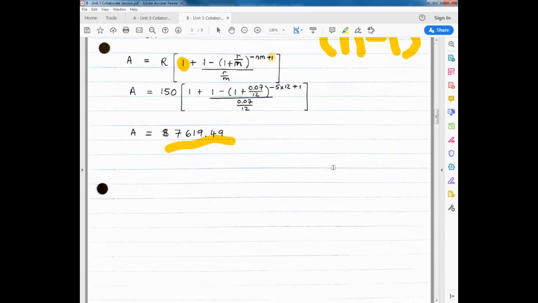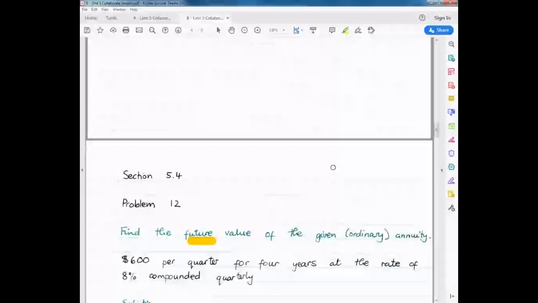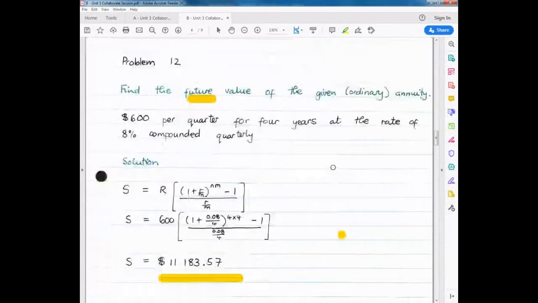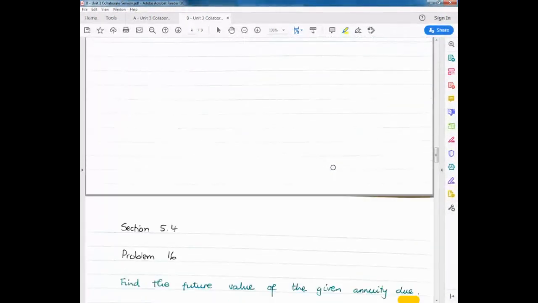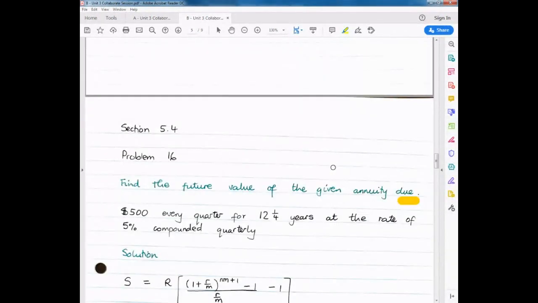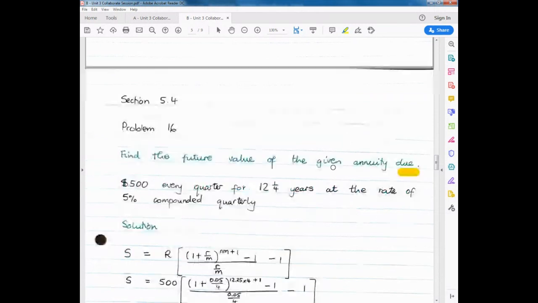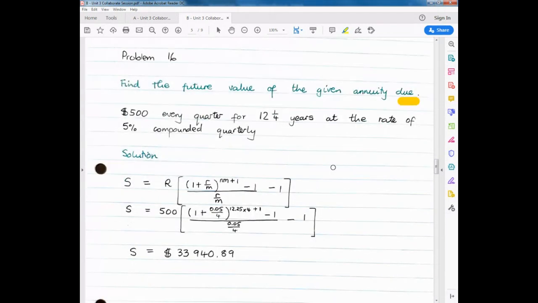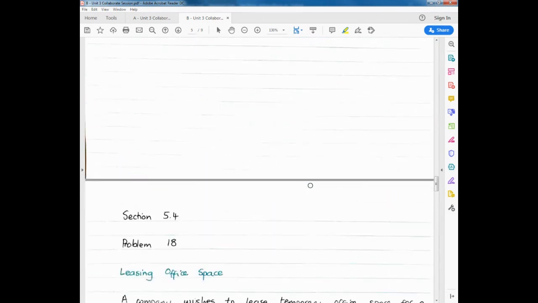Okay, so that was the first 4 problems, and these problems actually help us to understand present value and future value of both types of annuities, and the rest is actually an application of what annuities do, and you'll see in the next section that we will do more applications. But the next problem is problem number 18, and let's have a look at what that says.